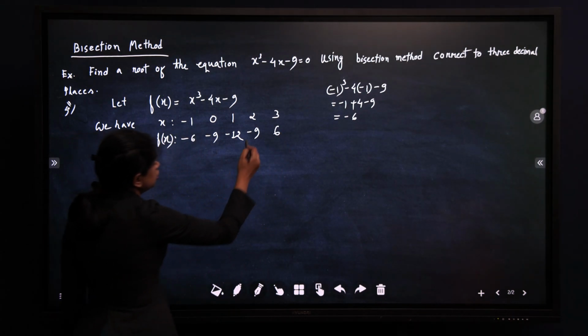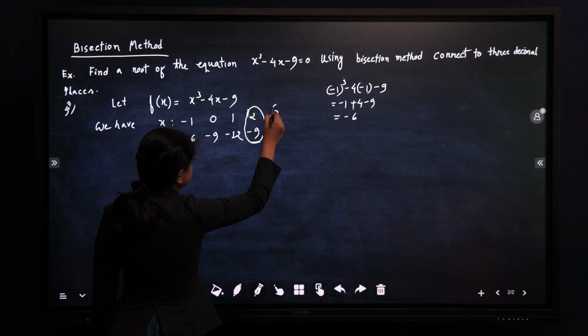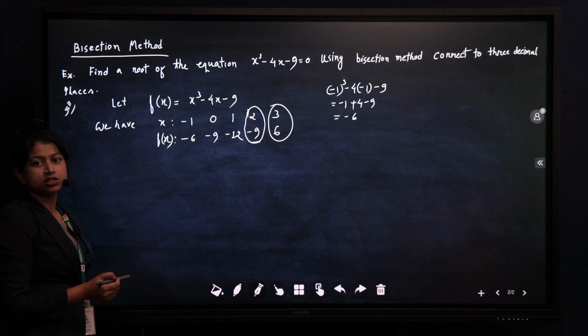So for x equal to 2, it is giving a negative value, and for x equal to 3, it is giving a positive value.